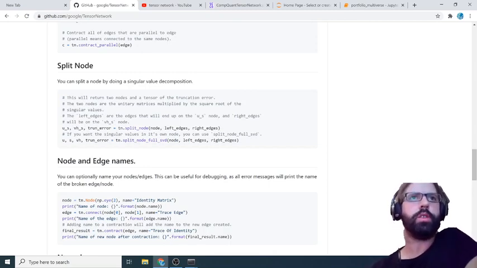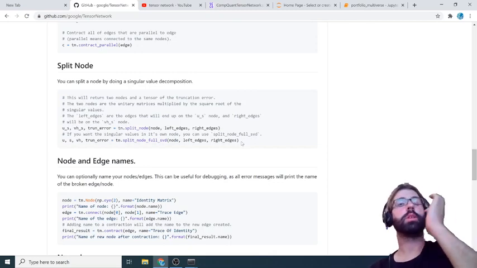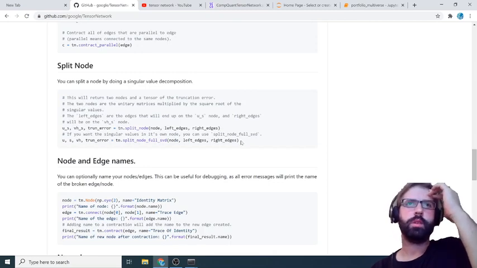The left edges are split node full SVD. If you want the singular values in their own node, you can use split node. So this somehow splits.